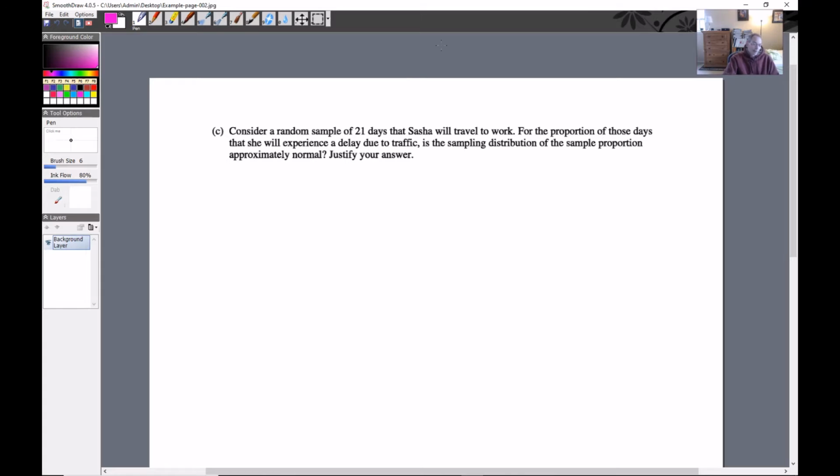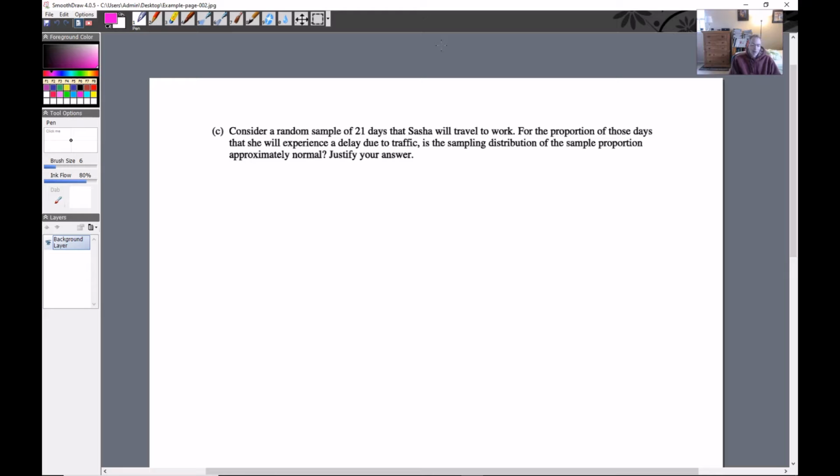Okay, here's part C. And we're actually not really ready for this. This is coming next week, all right? I'll go ahead and show it to you anyway. It says, consider a random sample of 21 days that Sasha will travel to work. For the proportion of those days that she will experience a delay due to traffic, is the sampling distribution of the sample proportion approximately normal?